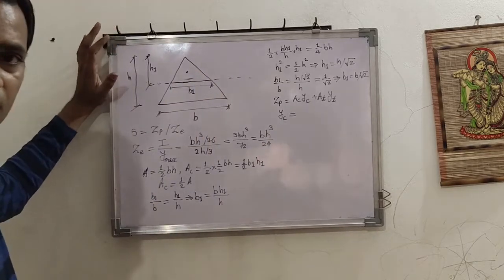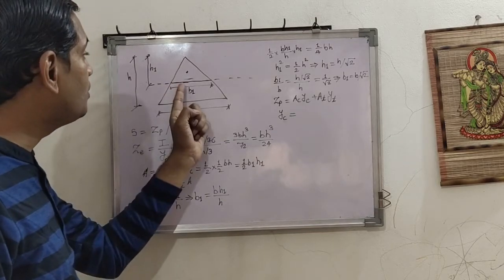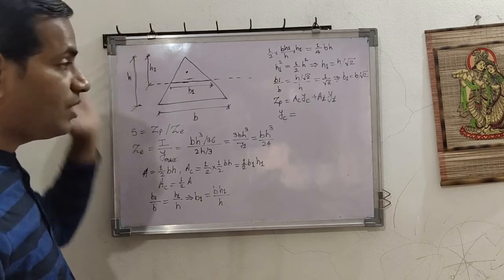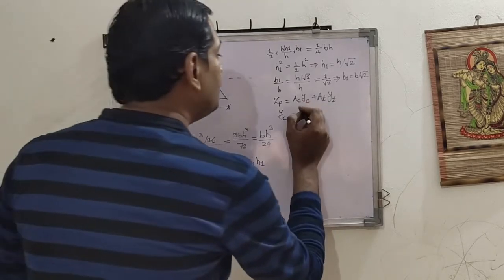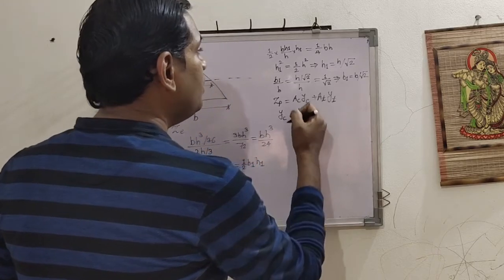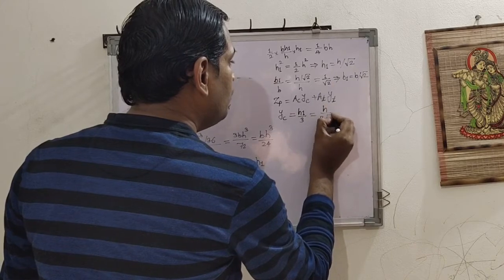So this is 1/3 from the base and 2/3 from the apex. So we want from this. So this is the base. So from base 1/3 of h1, h1 by 3. So what is h1? h1 is h by root 2. So h upon 2 root 3.